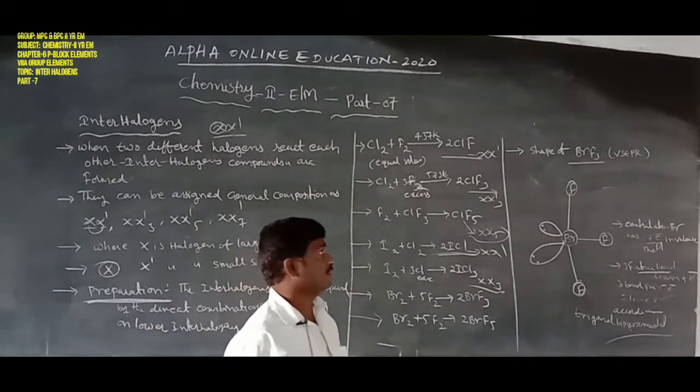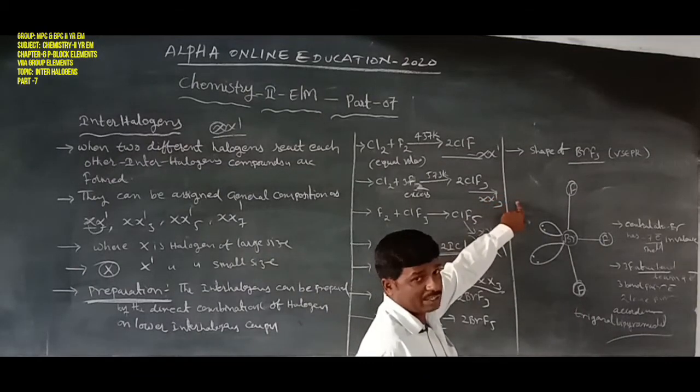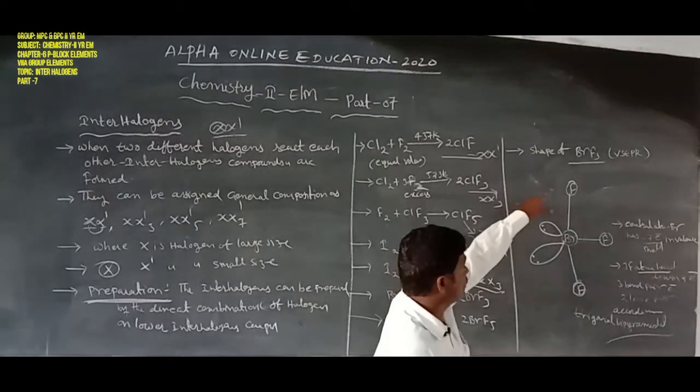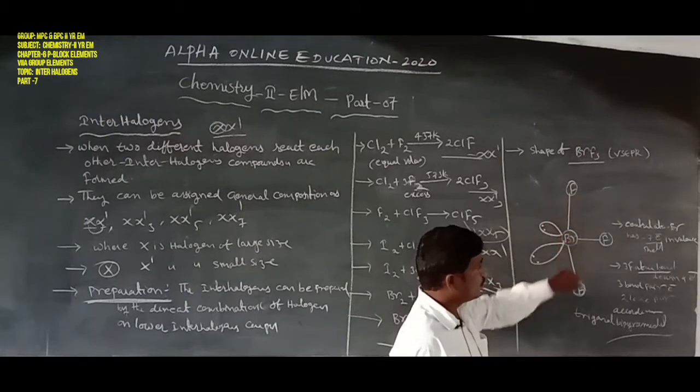Next, the structure of BrF3, explained by the VSEPR theory. Here Br is the central atom.